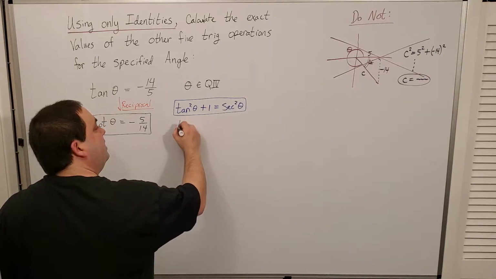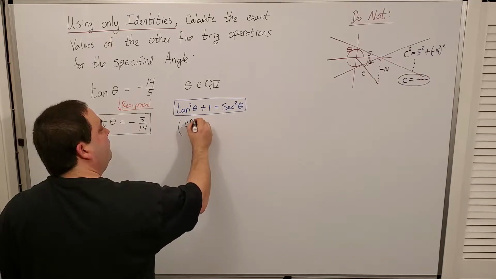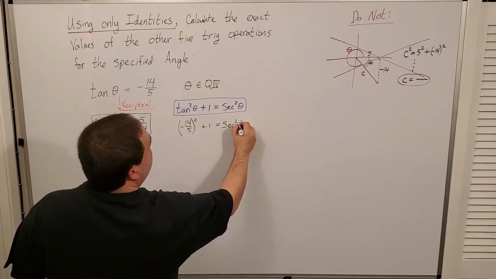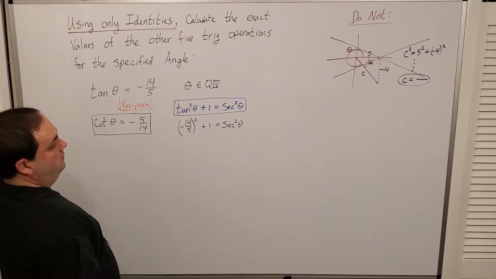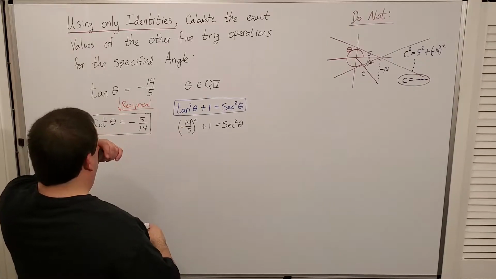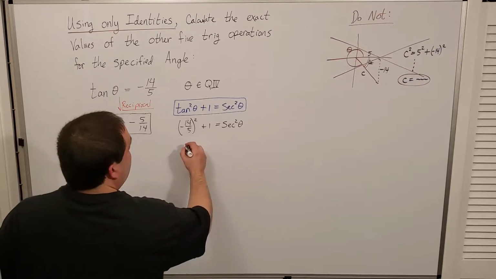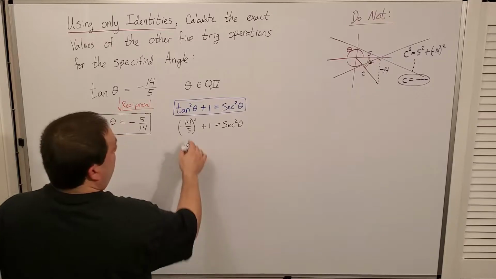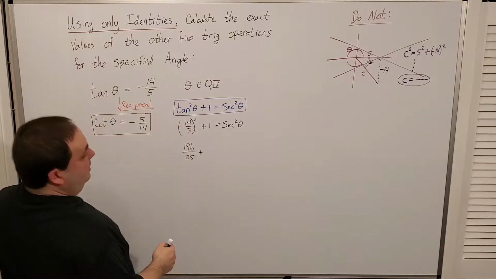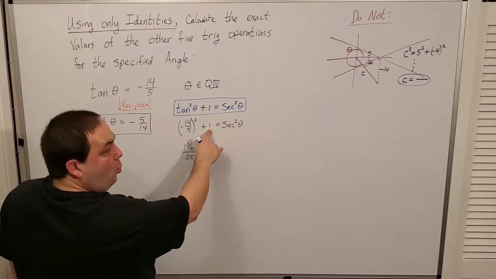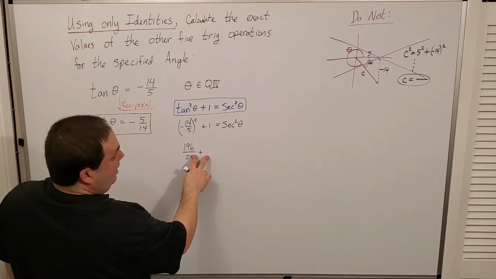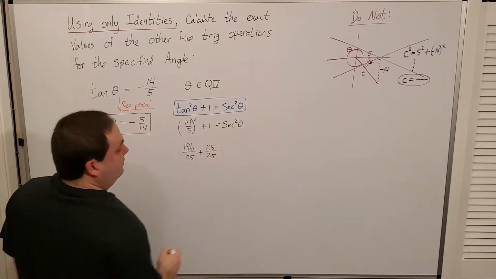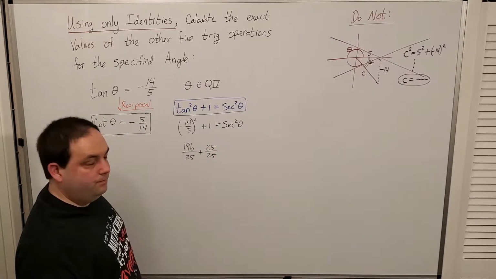So I'm going to get negative 14/5 squared plus 1 is equal to secant squared theta. And then, of course, right here, 14/5 squared is going to give me 196 over 25. The square of a negative is positive, so I'm not worried about the negative. Instead of writing 1, I know that I'm going to have to interact some fractions here, so I'm just going to write 25 over 25 so that I can have a common denominator.